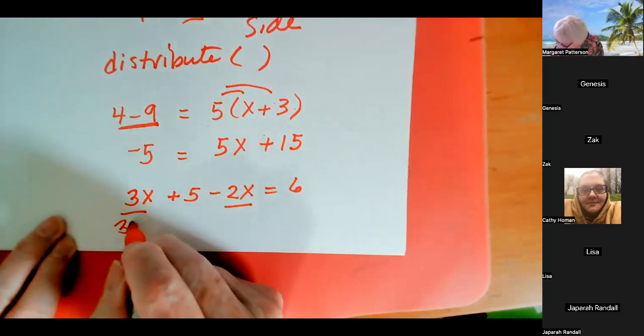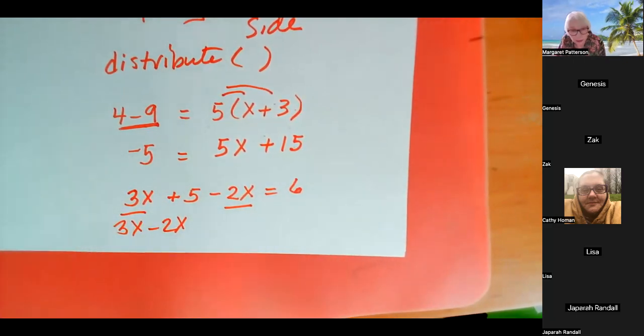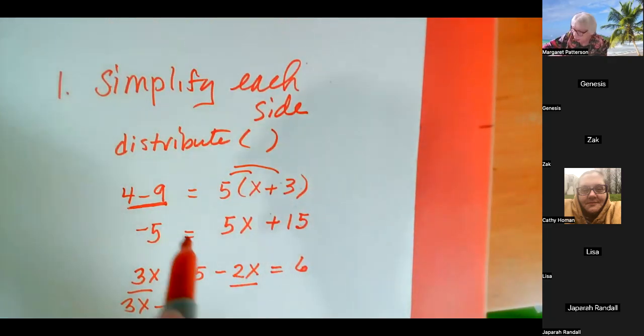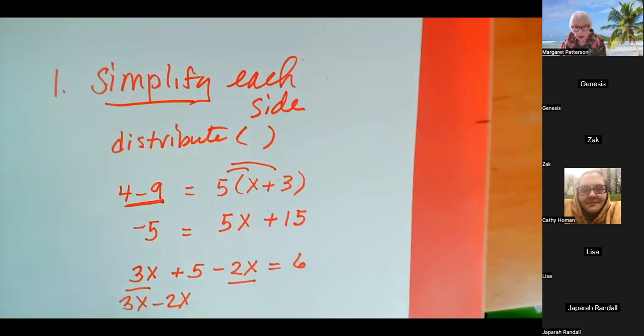So the 3x and the minus 2x are combined into 1x. All of these types of problems fit the category of simplifying each side.